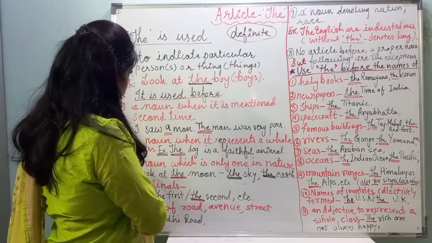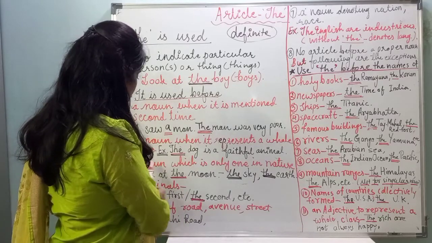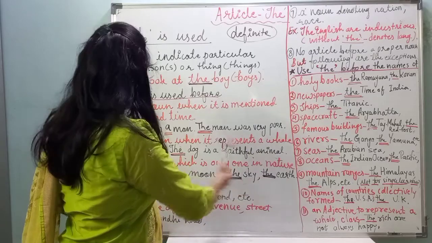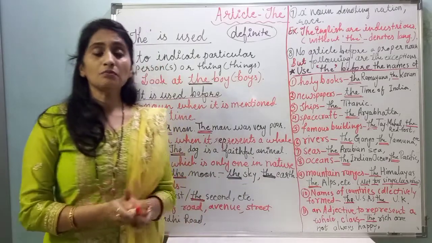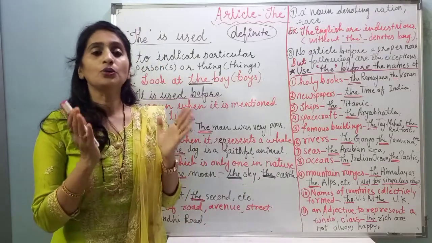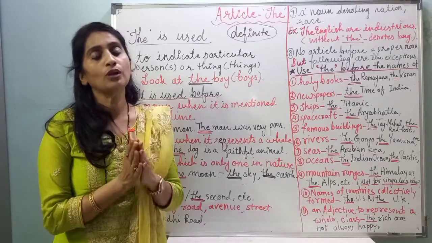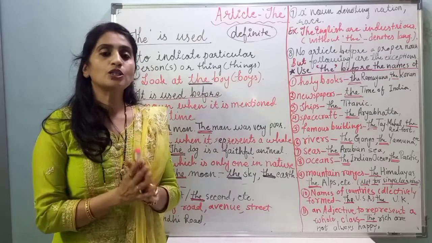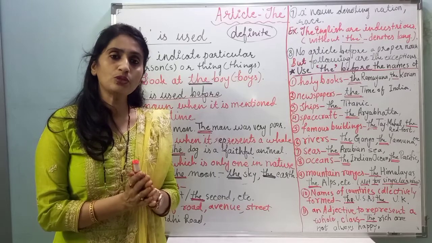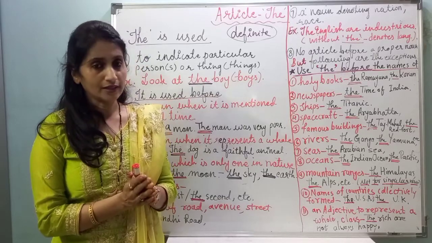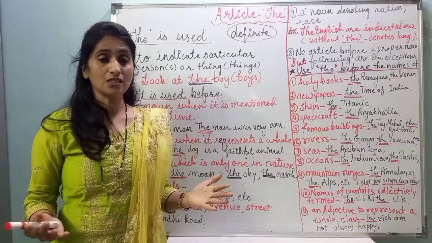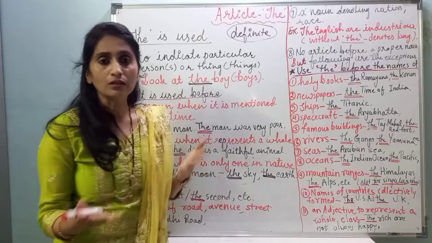See here. Number 4. The is used before a noun which is only one in nature. Some things in nature are unique. They are only one in the world, and so we should make use of the article the there. For example, the sun, the moon, the earth, like this.